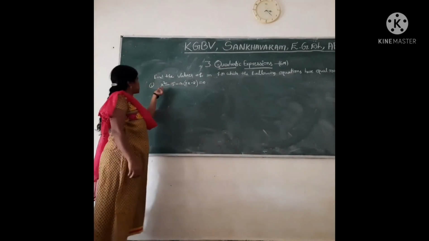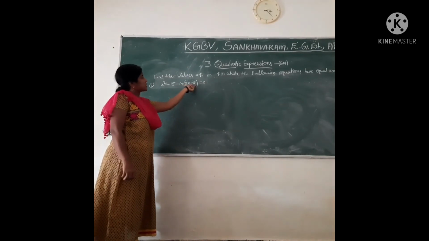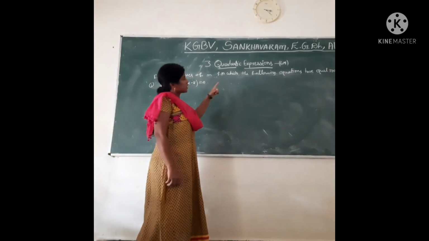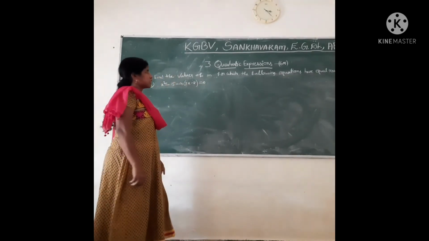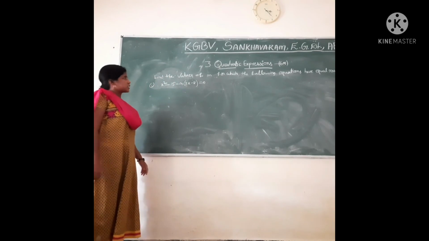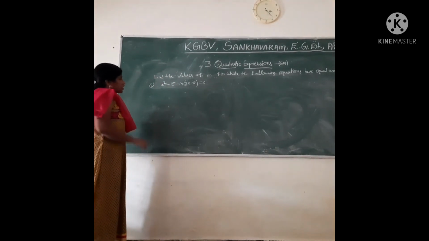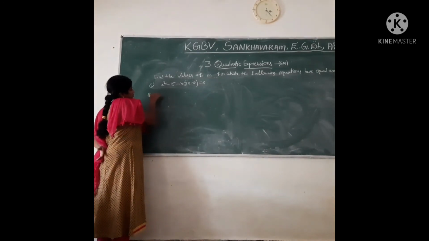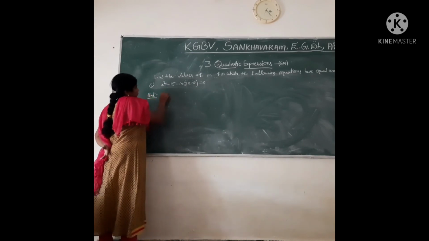Given sum is x square minus 15 minus m into 2x minus 8 is equal to 0. And what is the given condition? This equation has equal roots. Equal roots means the discriminant is 0. First, is this a quadratic equation or not? Yes, this is a quadratic equation, but simplify this.